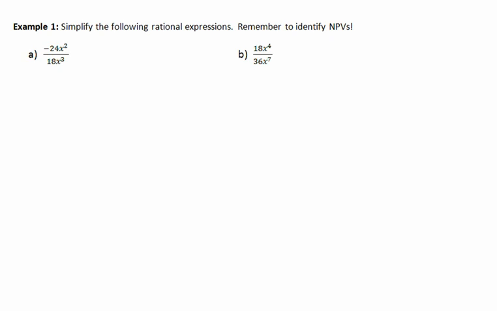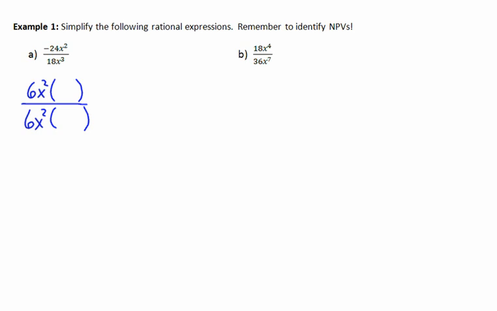X squared. So we're going to change this to 6x squared times something divided by 6x squared times something. Basically factoring out the GCF, the 6x squared. So what times 6 equals negative 24?